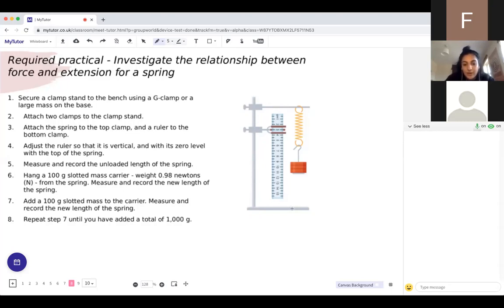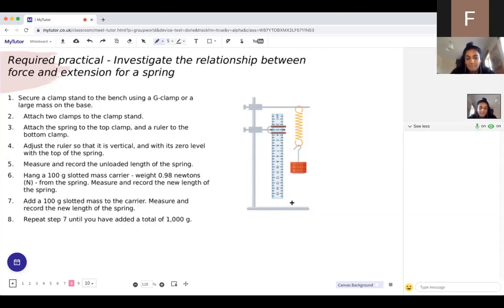Or we can just put a mass on the base to keep it kind of balanced out. Now we're going to attach two clamps to the clamp stand, one at the top and one slightly further down. The spring is going to be attached to the top clamp and the ruler is going to be attached to the bottom clamp.